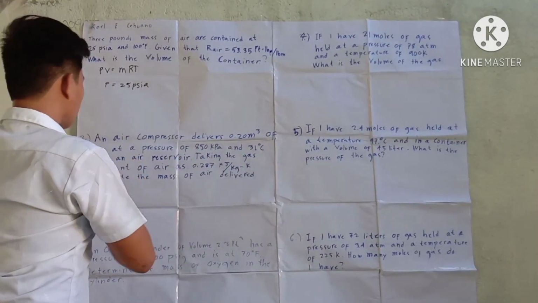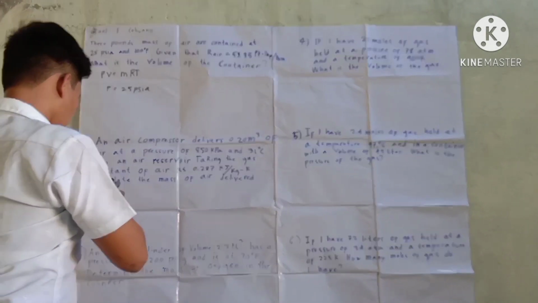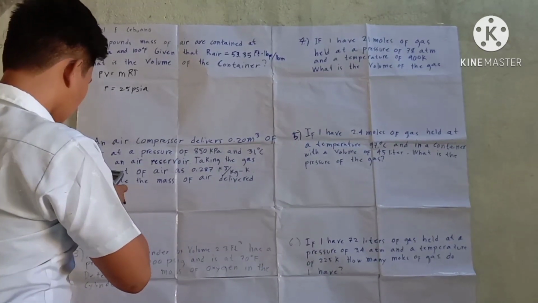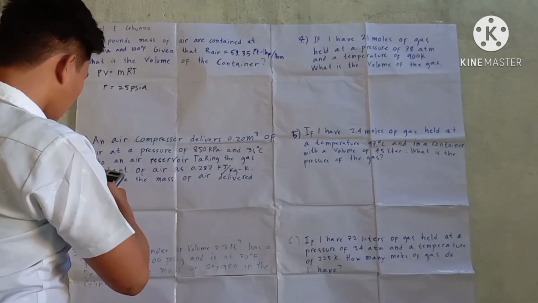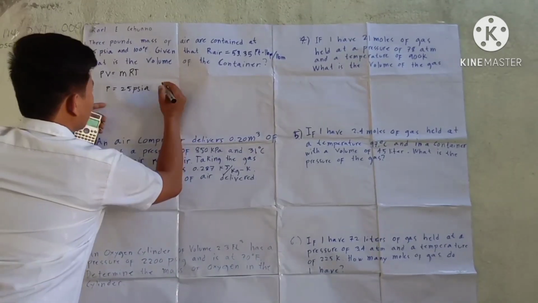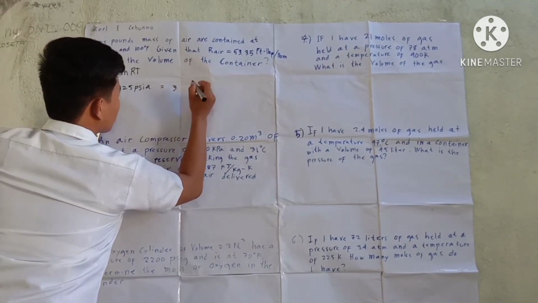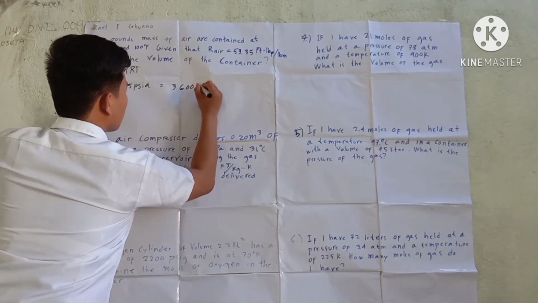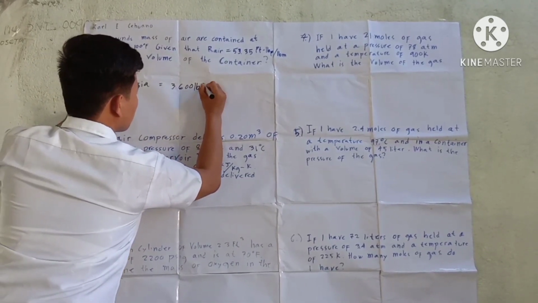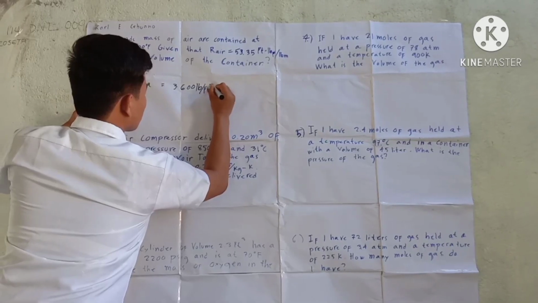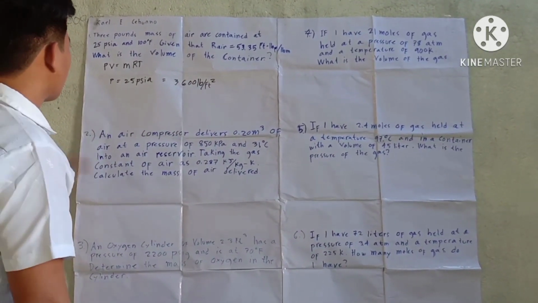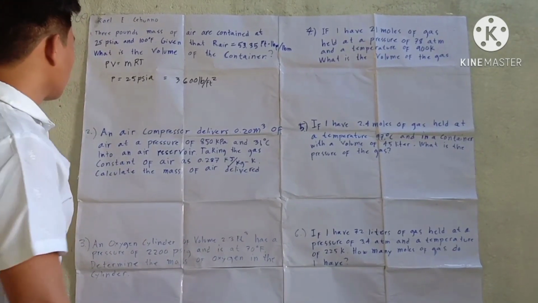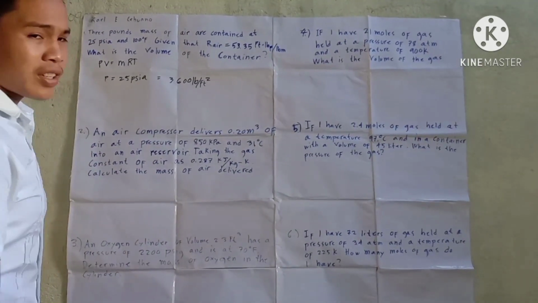So in order to convert that, we get 3,600 pounds per feet squared. Then the temperature given is 100 Fahrenheit. We need to convert it into Rankine.